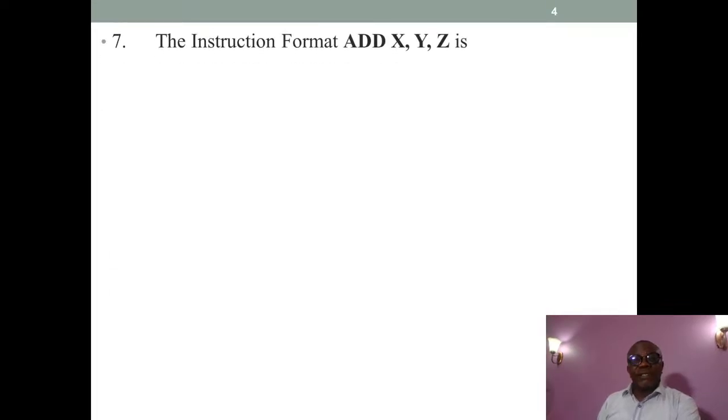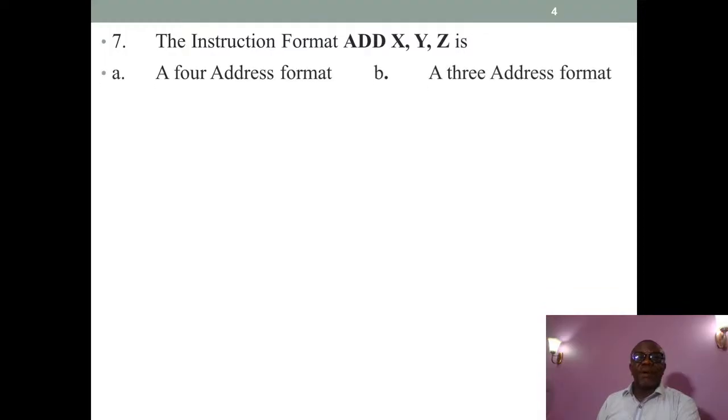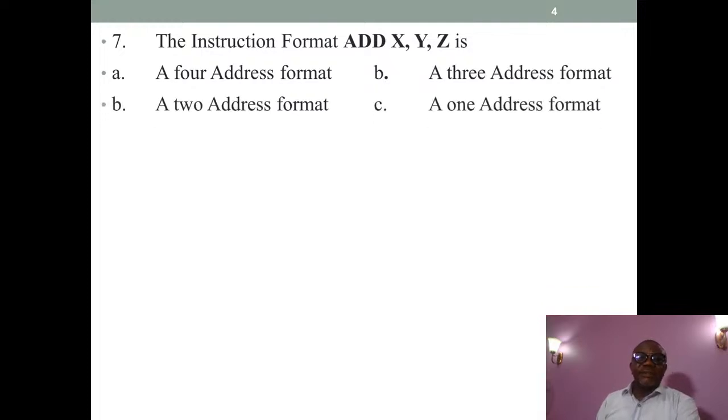Continue. This instruction format, add X, Y, Z, is what type of addressing format? A, a 4 address format, B, a 3 address format, C, a 2 address format, and D, a 1 address format.